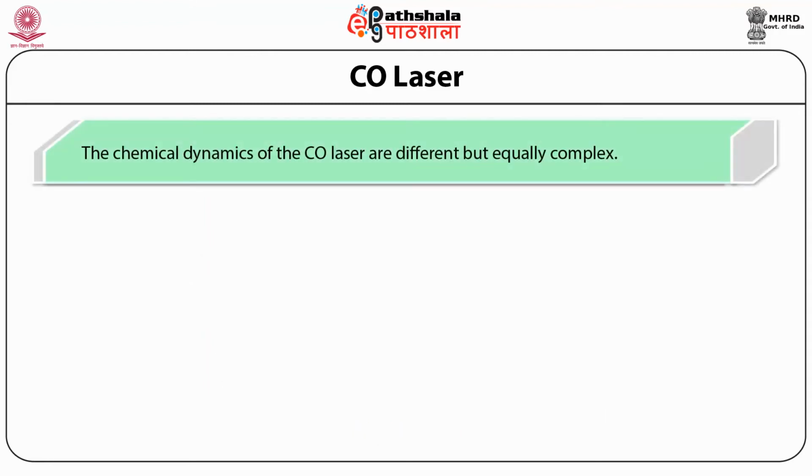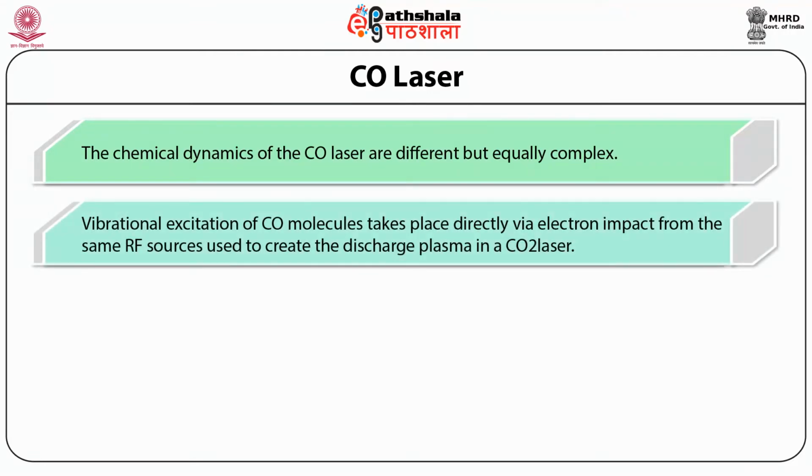The chemical dynamics of the carbon monoxide laser are different but equally complex. Vibrational excitation of carbon monoxide molecules takes place directly via electron impact from the same RF sources used to create the discharge plasma in a carbon dioxide laser.